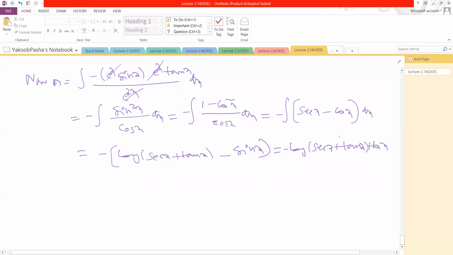This is the value of A. Now we have to find AU. So first I am taking A, therefore AU is equal to, as we know that U value is e power x into cos x, and this is minus log secant x plus tan x plus cos x. Okay, this is the AU value.